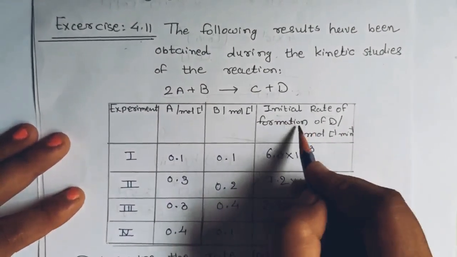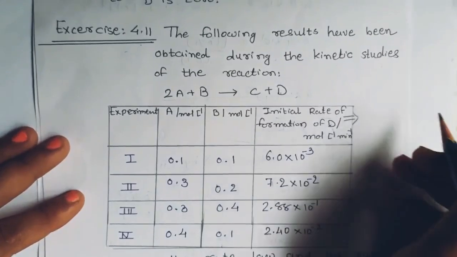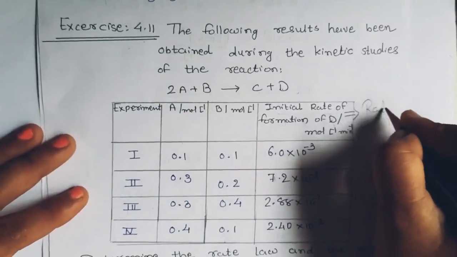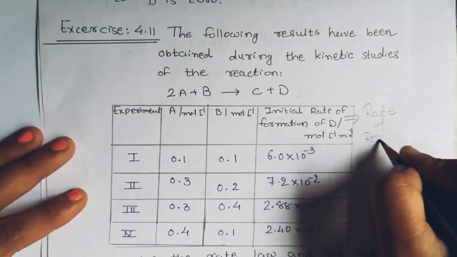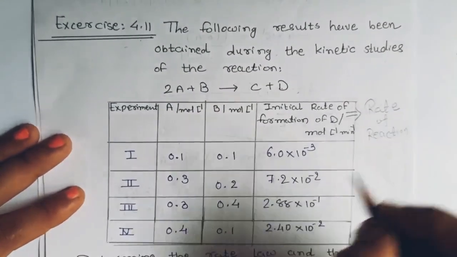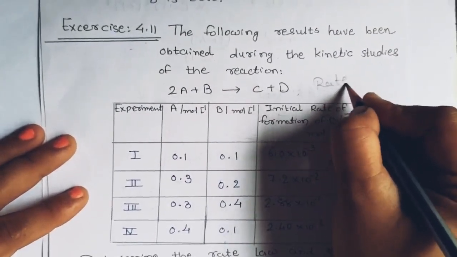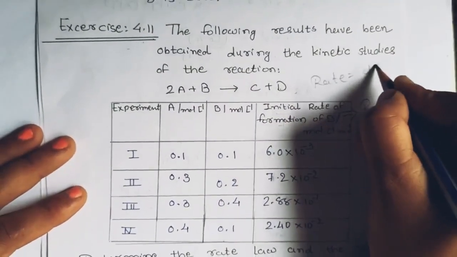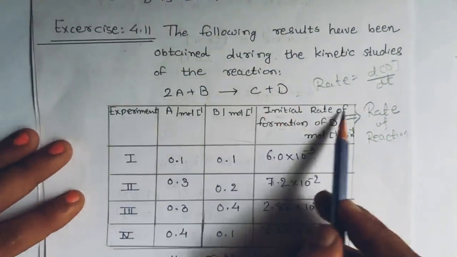Rate of formation of D means it's nothing but our rate of reaction, right? Because you can write that the rate equals the formation of D over the time taken, and it is given.